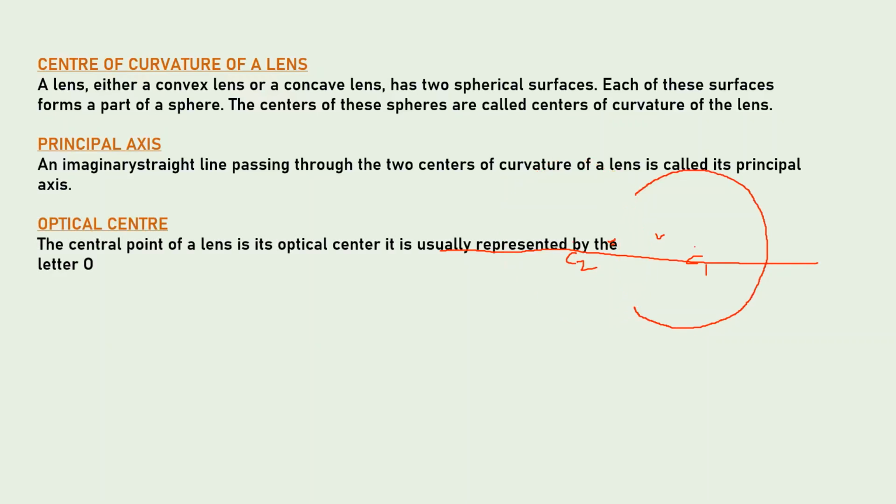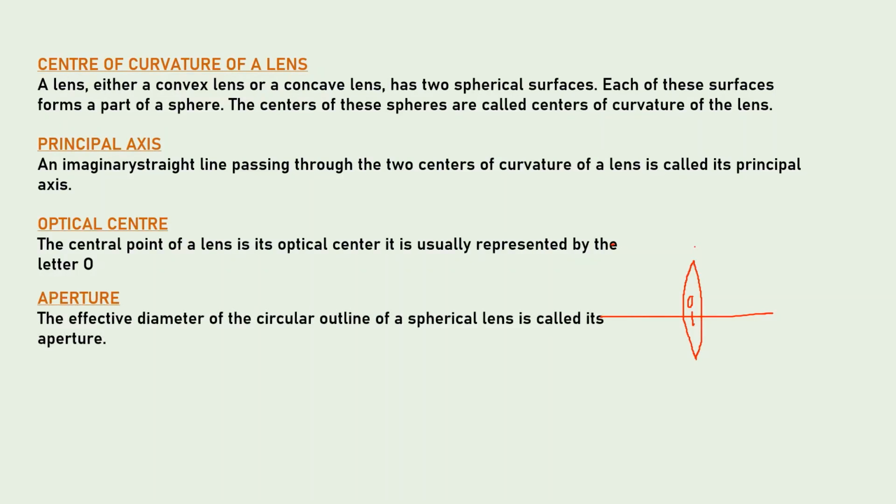Optical center. The central point of a lens is its optical center. Here O is called optical center. Aperture.